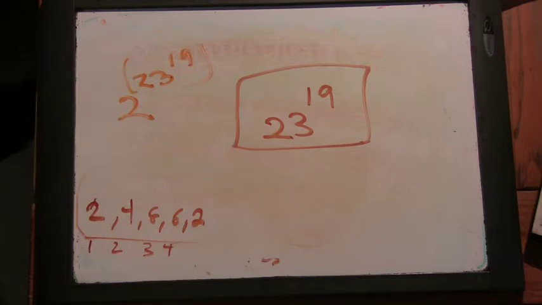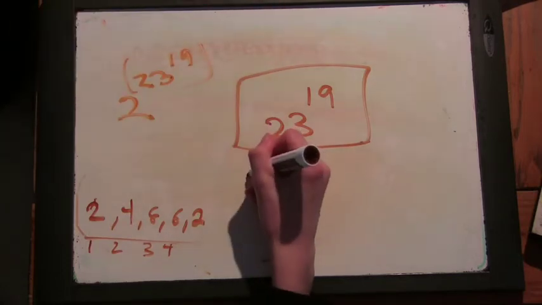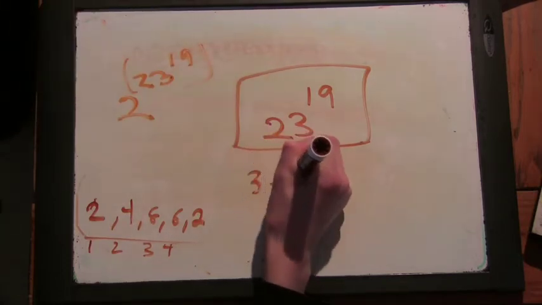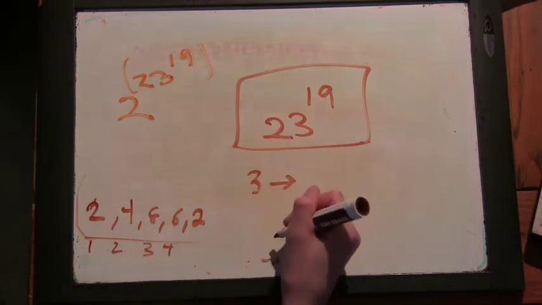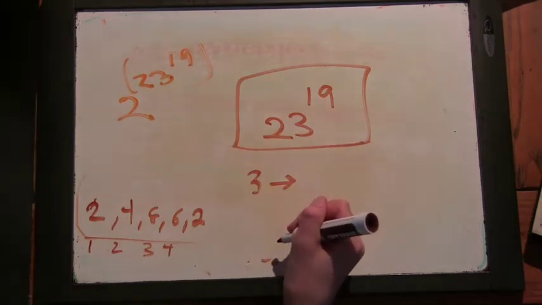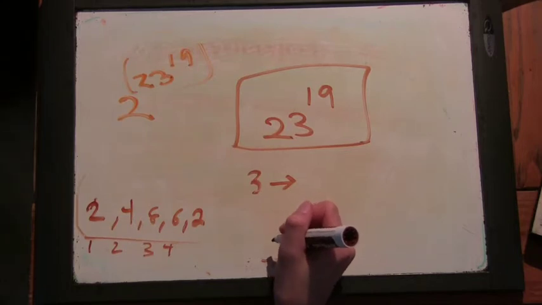Well, 3 also has a last digit pattern, and I think it's mod 4, but I don't know if that's going to quite help us. We know 23 is 3 mod 4, so we can actually just focus on 3 to the 19.